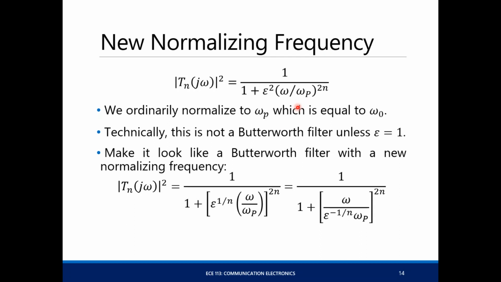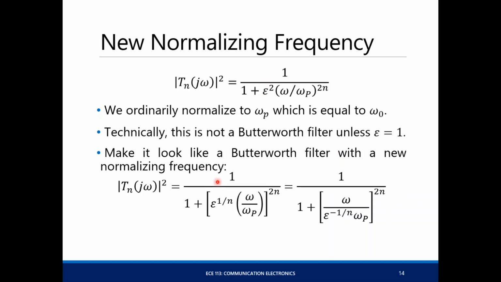I hope I made sense with that. Basically, the purpose of defining a new cutoff frequency is to normalize our filter and make it look like a Butterworth filter, since the error factor epsilon is not really a Butterworth filter.